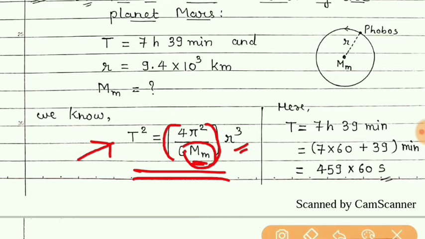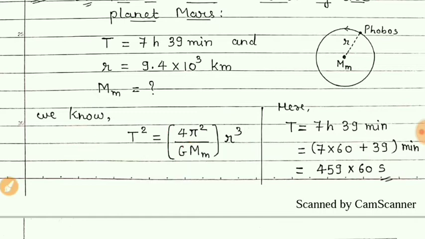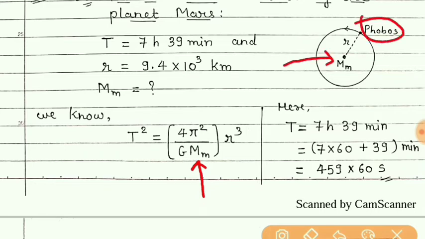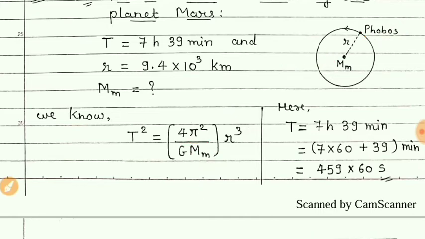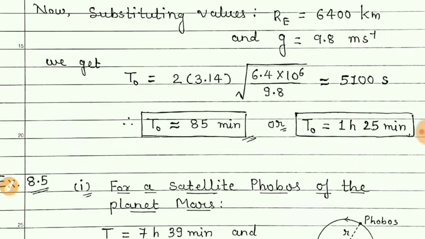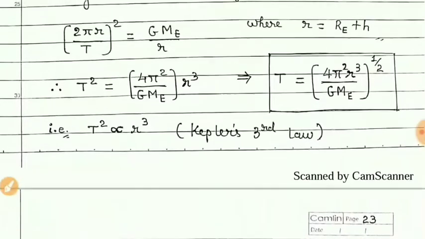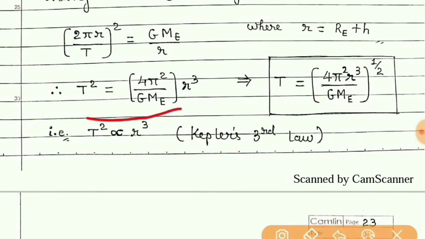If it is Earth and its satellite, then we have to take mass of the Earth here. But here it is Mars and its satellite, so we have taken the mass of the Mars. So this is the equation which we already derived. Let me show you. This is the equation.